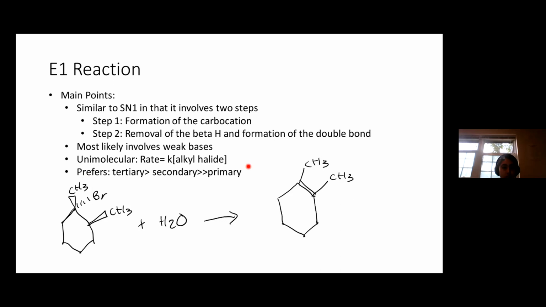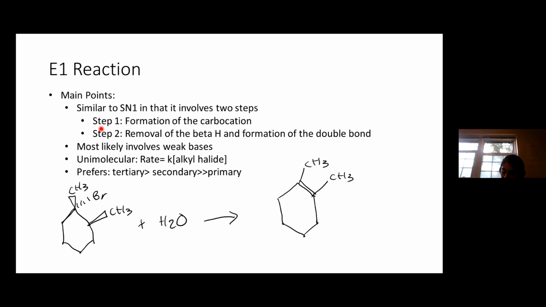First, like SN1, which we know involves two steps, E1 also involves two steps. The steps are similar but different, because E1 is a formation of an alkene. In step one, we have the leaving group leave, similar to SN1, and form a carbocation. In E1, step two is the removal of a beta hydrogen and the formation of that double bond.